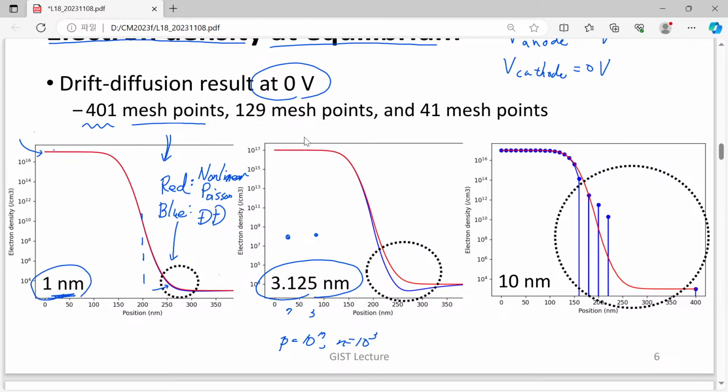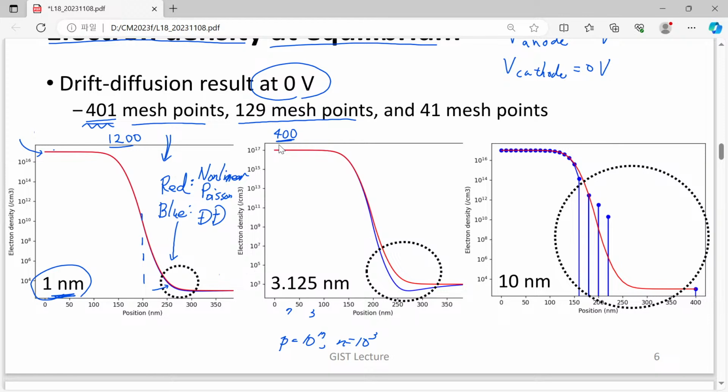So in this case we have 129 mesh points. When you have a look at this number, we are quite happy. Previously we used 401 mesh points and it introduced almost 1200 unknown variables, and now it contributes only about 400 unknown variables.